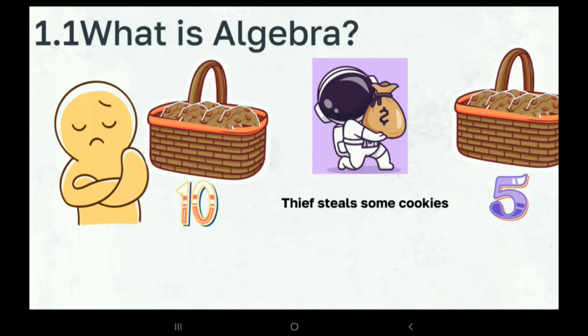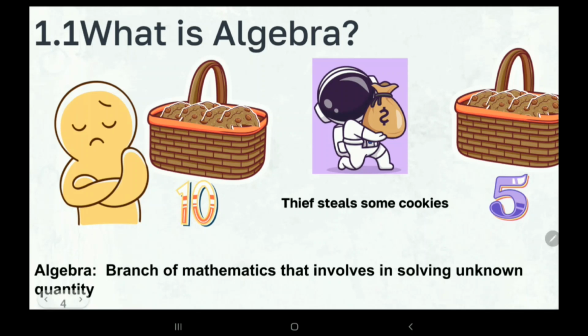Here we do not know how many cookies the thief stole, but since we already know that he had 10 and now he has 5, we can work out the number of cookies that the thief stole. So basically algebra is one of the branches of mathematics that involves solving for an unknown quantity.